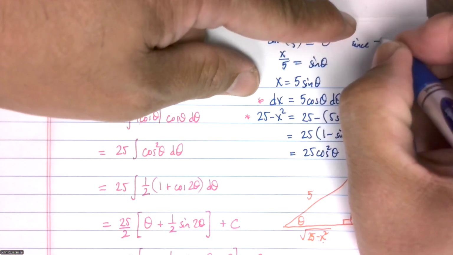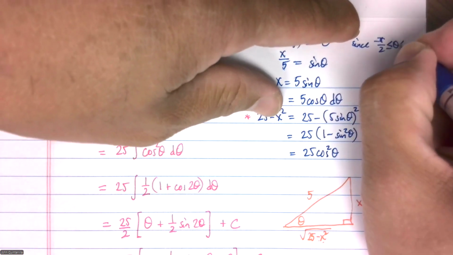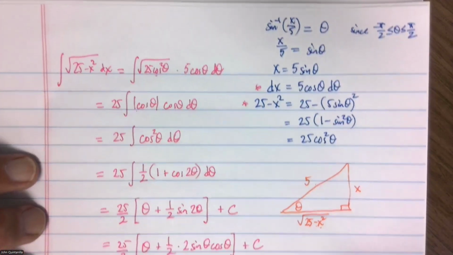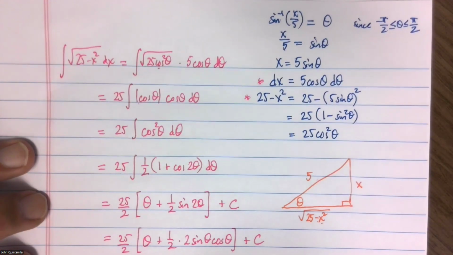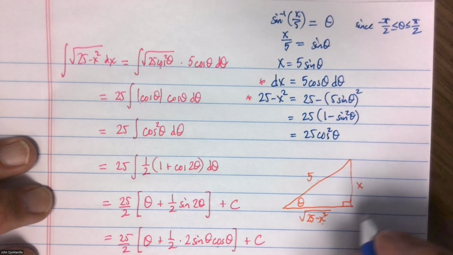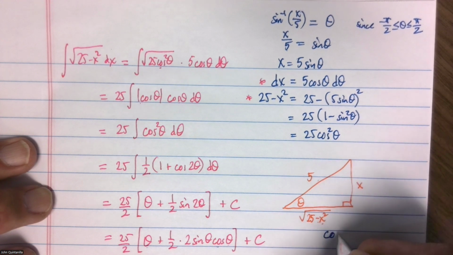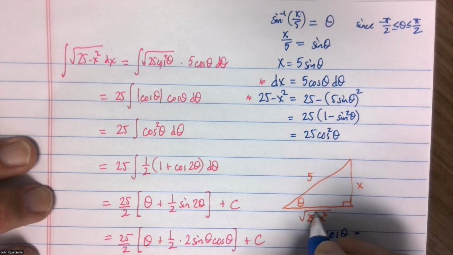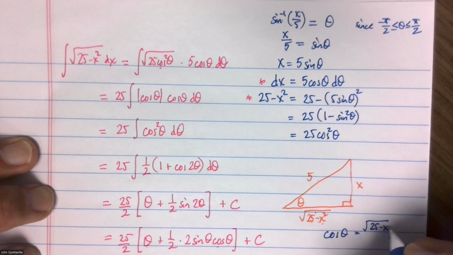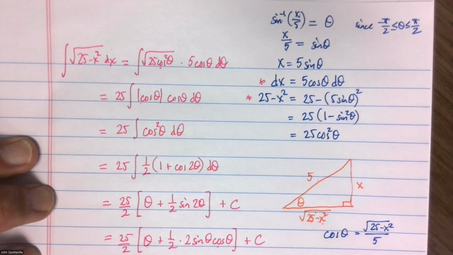So that will give us our theta here, and we also have sine theta. The one piece of information we don't have yet is cosine of theta, and that I can get off the triangle. So cosine of theta from the triangle is equal to adjacent over hypotenuse. So the square root of 25 minus x squared over 5.